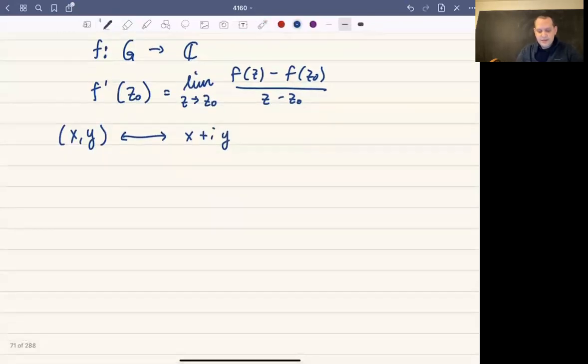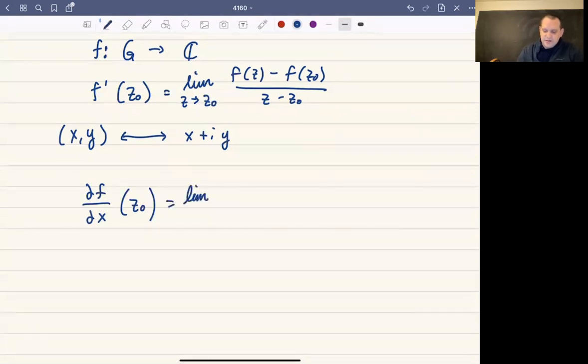In that light, let's define the partial derivative of f with respect to x at the point z naught. What this means is that if you're going to take the derivative of f with respect to x, you're going to pretend that y is constant.